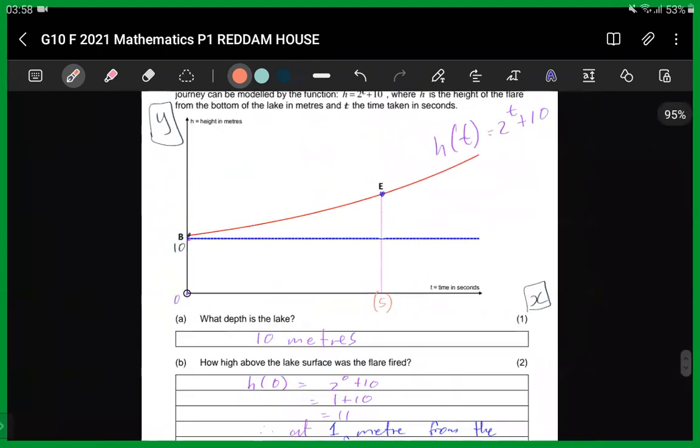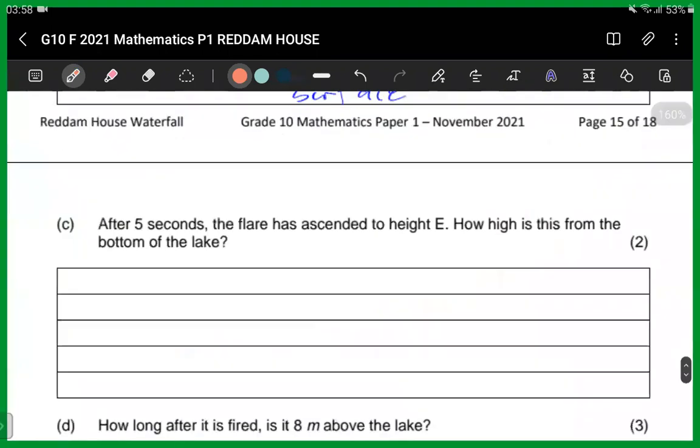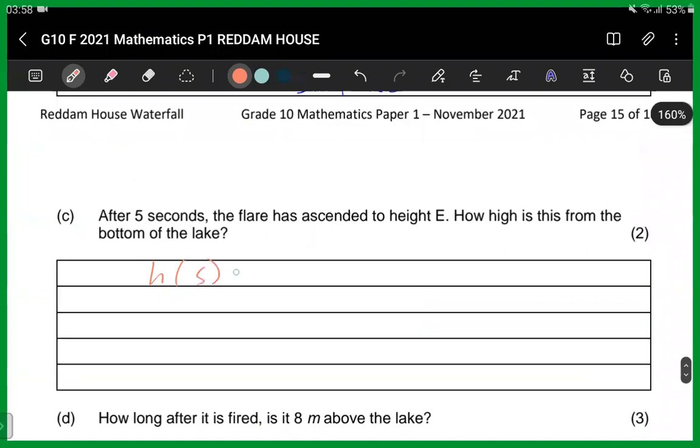So it's just a matter of putting 5 in the equation of h. The equation of h, we're going to throw a 5 there. 2 to the power of 5 is 32. This is giving us 42. Nothing crazy there. So this is also giving you the idea that you have to keep a calm head when you go through these kinds of questions.